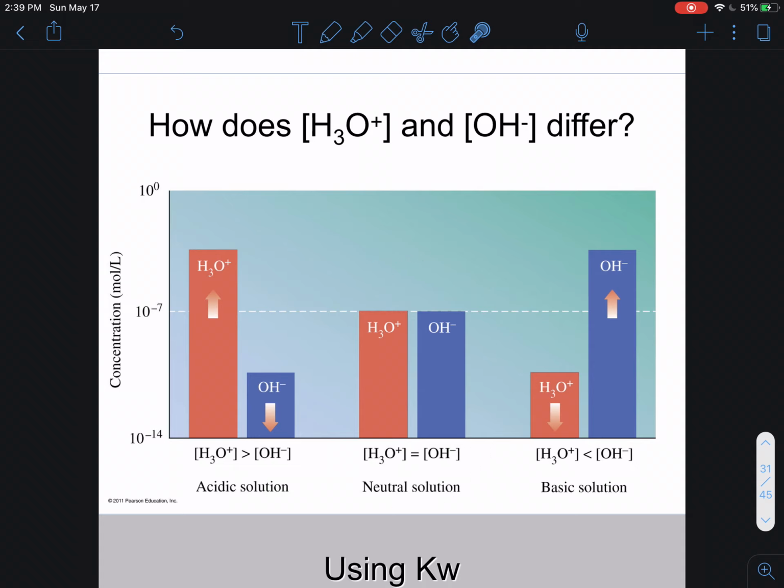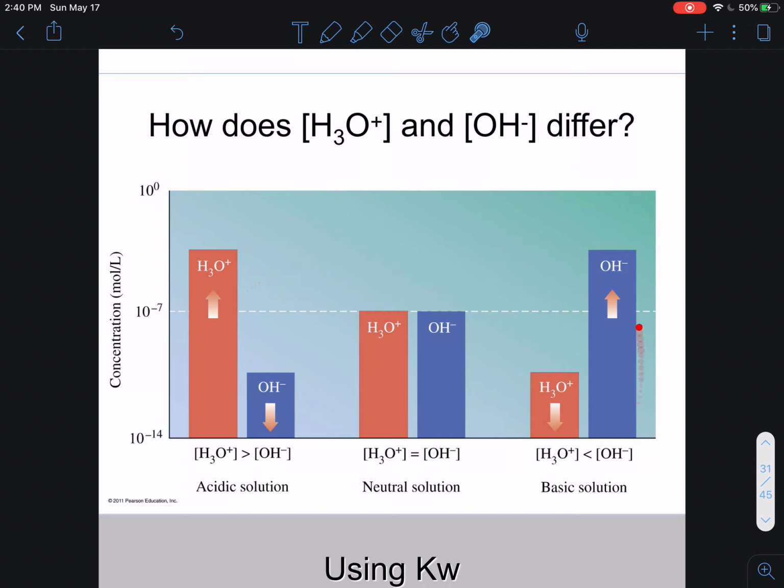In the middle, right, the concentration of H3O plus is equal to the concentration of OH minus, and this is neutral, all right? This is concentration in moles per liter. This is times 10 to the negative 7. We can tip the scales in either direction to make the solution acidic or basic. If we go to the left and we add more H3O plus ions, you can see here the concentration of H3O plus is greater than OH minus.